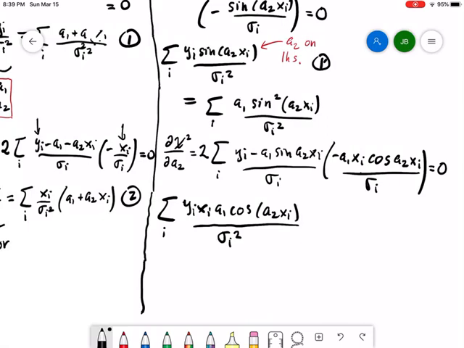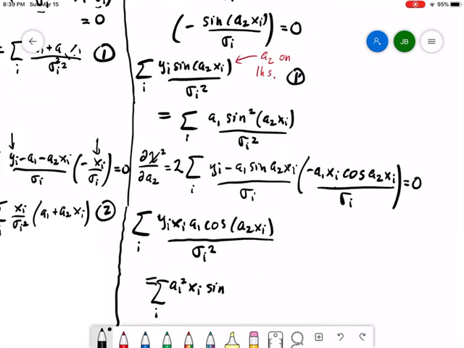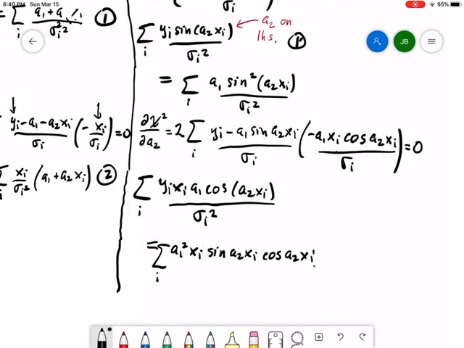And what's going to be left on the other side is a product of the sine and the cosine terms. In fact, there's going to be an a1 squared. There'll be a sum, won't there? A1 squared, there's an xi, and there's a sine a2xi and a cos a2xi, and then that gets divided by sigma i squared.